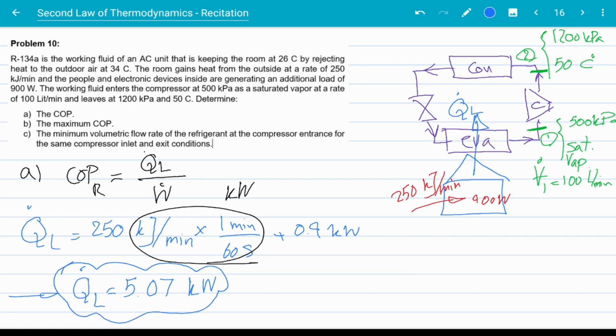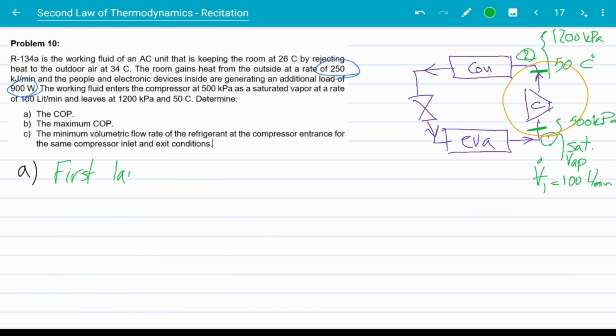Okay, I got Q dot L, but what about W dot? In order to find the work input of the compressor, we need to do a first law analysis of this compressor. It's a single stream steady state device. Refrigerant enters at 500 kilopascals and exits at 1200 kilopascals.